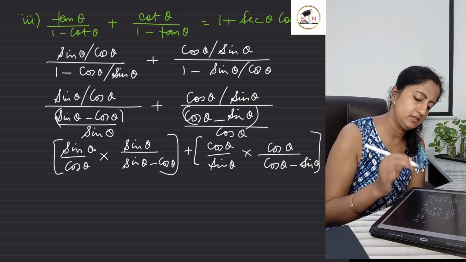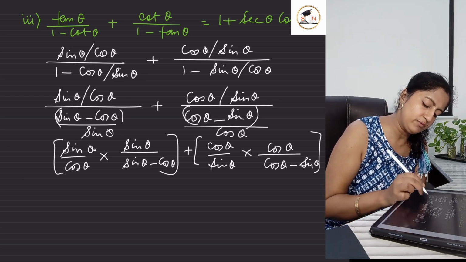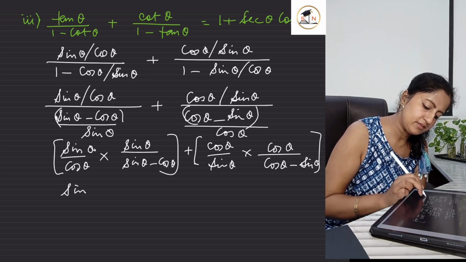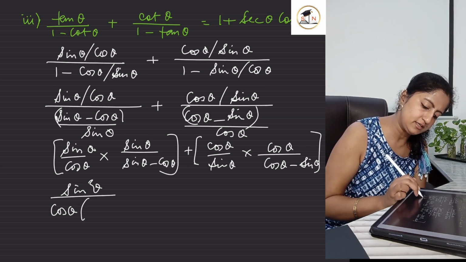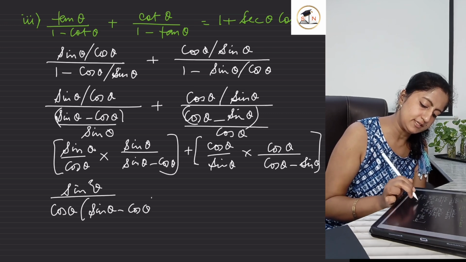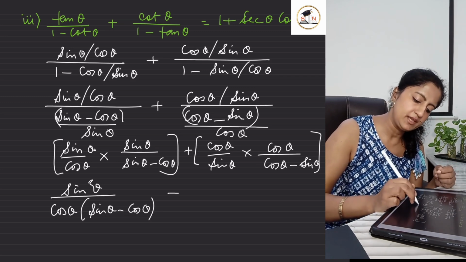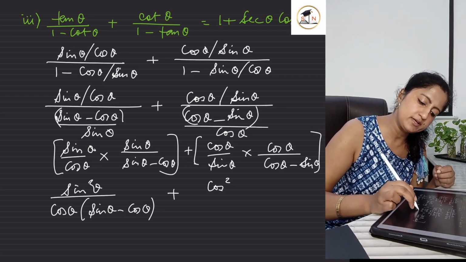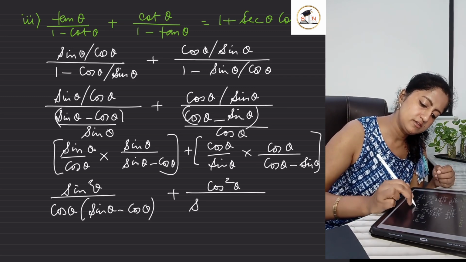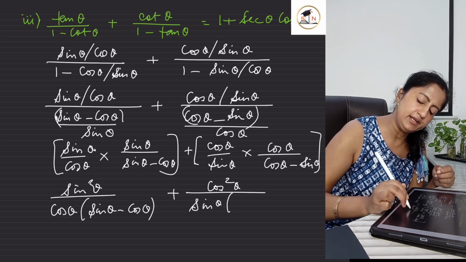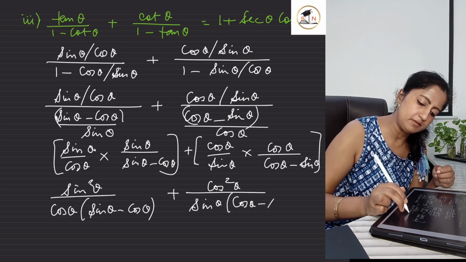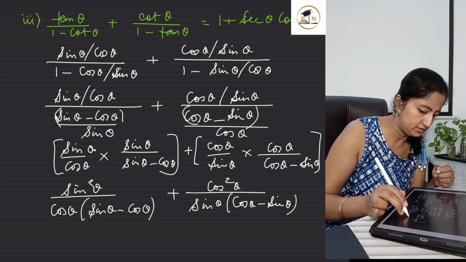This is what we are getting, right? Now, what we get in numerator is sine square theta over cos theta into sine theta minus cos theta. This is the outcome from your first bracket. And then cos square theta over sine theta into cos theta minus sine theta.